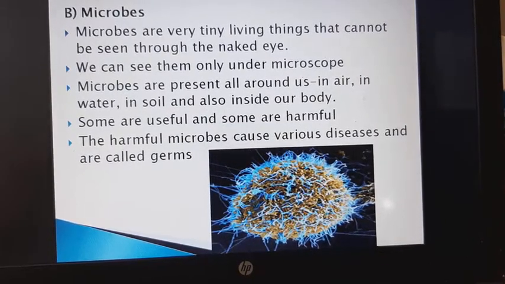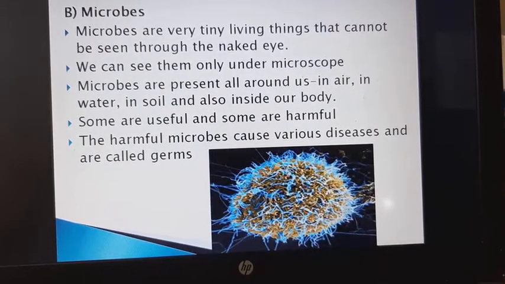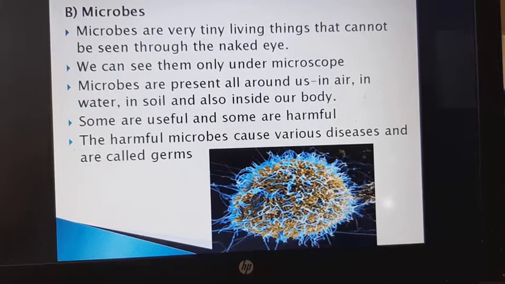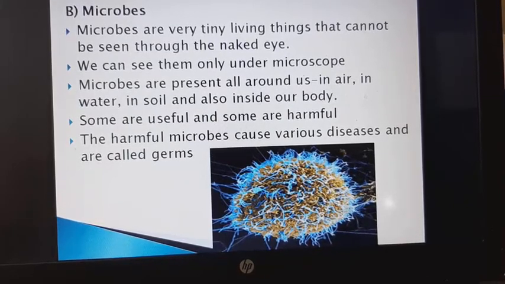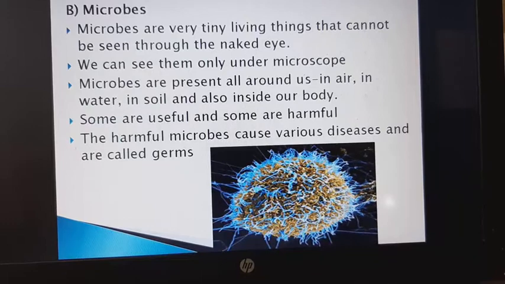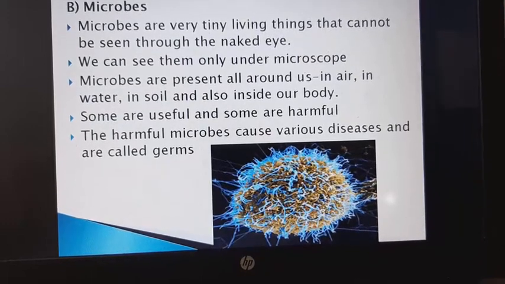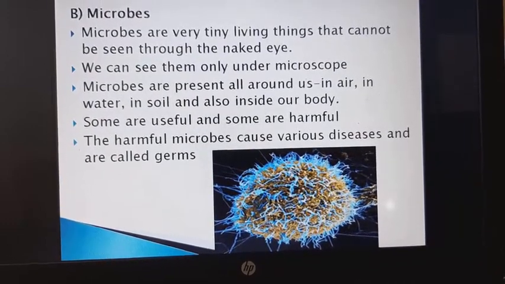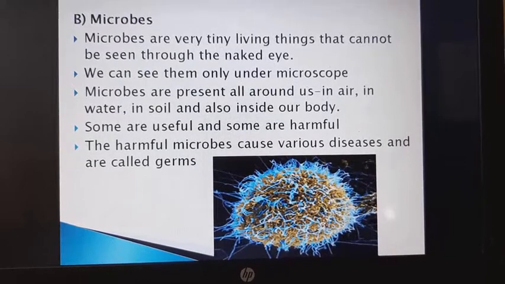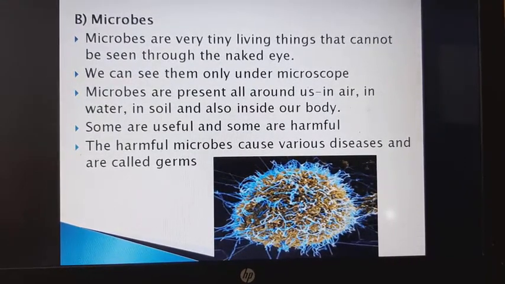Some are useful and some are harmful. The harmful microbes cause various diseases and are called germs. Observe the picture of a microbe displayed on the screen.